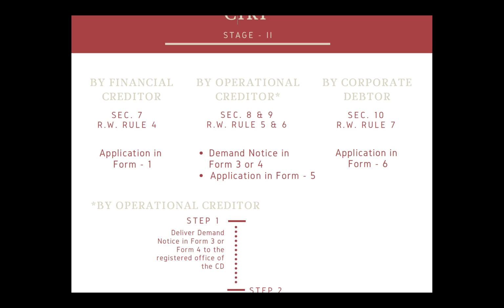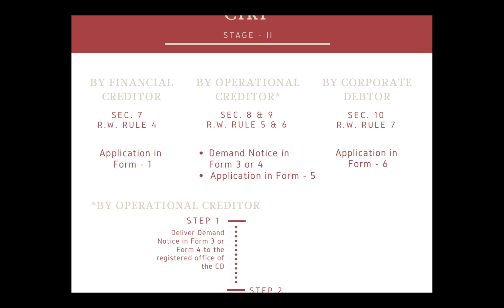The records are available to establish that a loan has been given, and that a default has been made. But when it comes to an operational creditor, such establishment of records is very difficult. And hence, they have said that giving an additional step, an opportunity for the corporate debtor to rebut such claims of the operational creditor, is very important, or else all the operational creditors might misuse CIRP. That was the intention with which they differentiated between how a financial creditor has to be treated under the code and how an operational creditor has to be treated under the code.